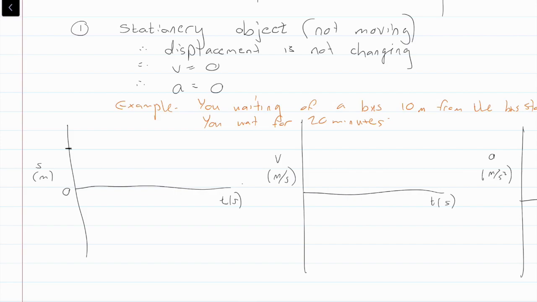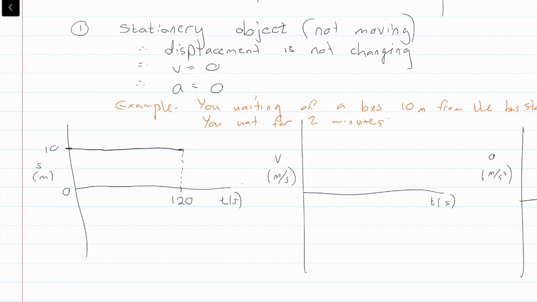So we know that at time equals 0, you are 10 meters away from the bus stop. At time equals 120 seconds, you're still 10 meters away. This entire time you have not moved, so you're going to have just a straight flat line.